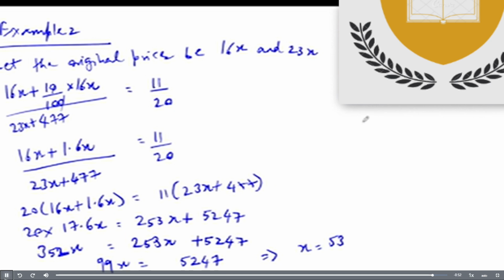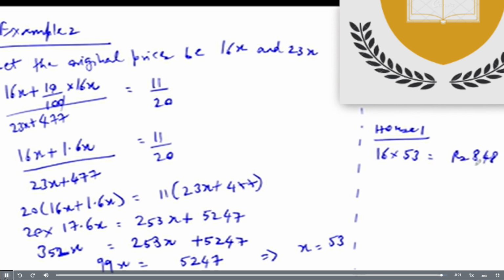From this we need to find out what they are asking. They're asking you to find the original prices of the two houses. So for house 1, the price is equal to 16 into 53, which is equal to 848.